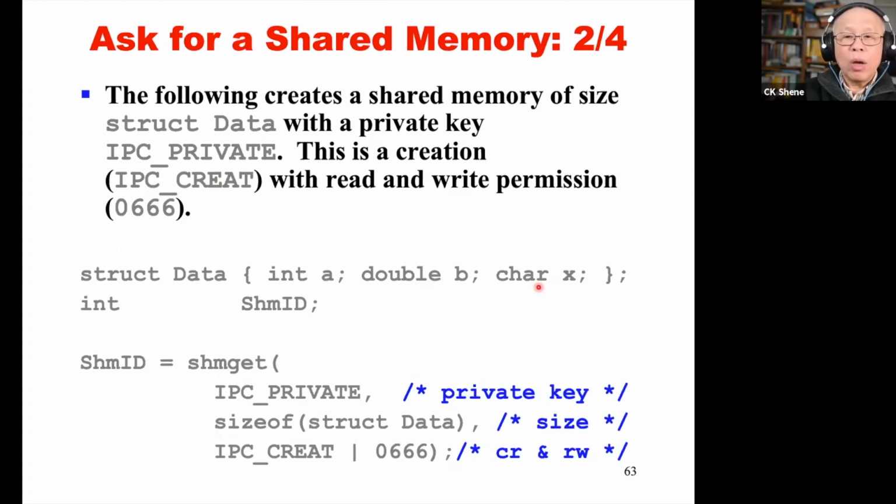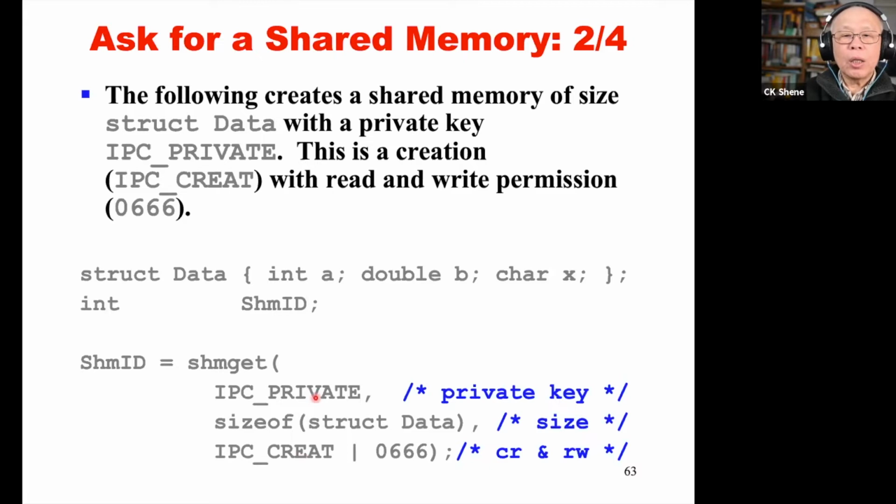And a process wishes to create a shared memory that is large enough to hold this data structure. And then shared memory get would return an integer, which is the shared memory ID of that piece of shared memory.